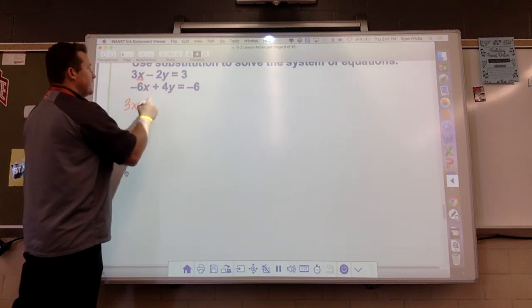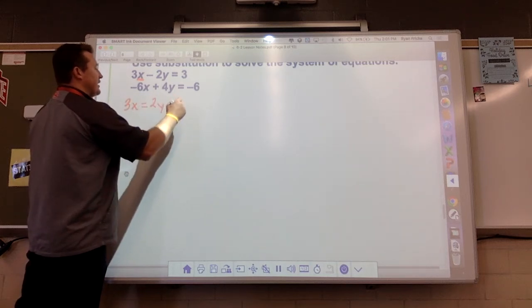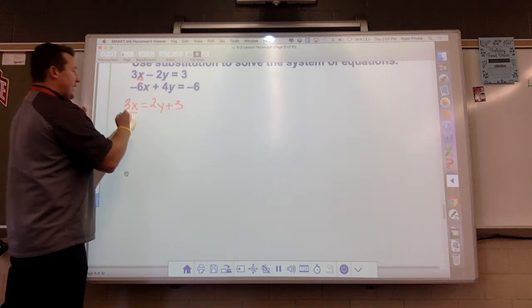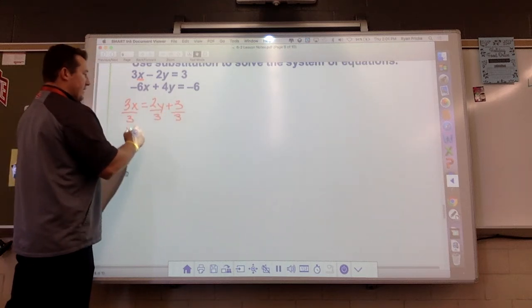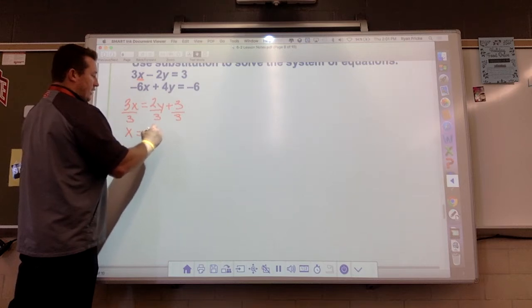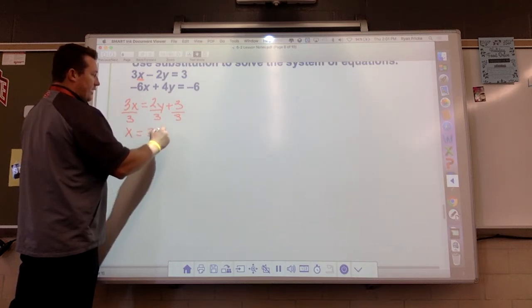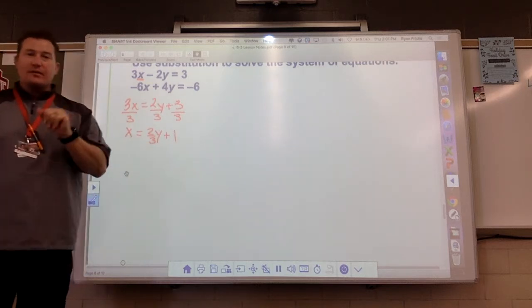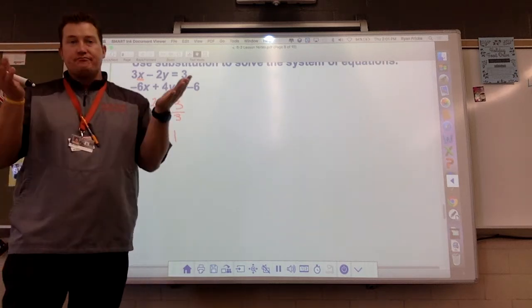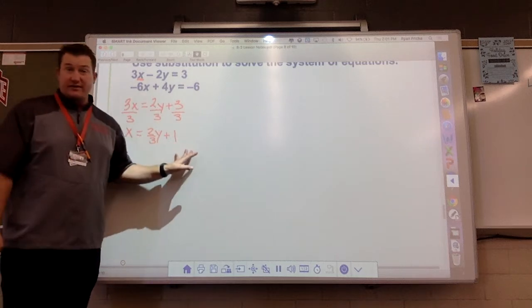So 3x equals 2y plus 3. We're going to divide everybody by 3. Okay? X equals 2/3 y plus 1. Ugh. Okay, not the best fraction in the world, 2/3, but at least I didn't get two fractions, right?